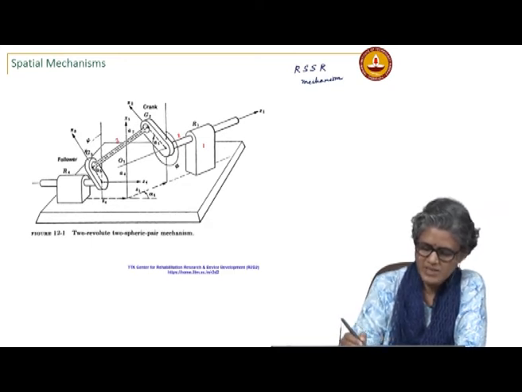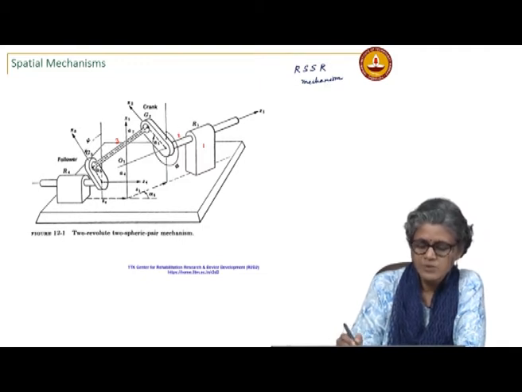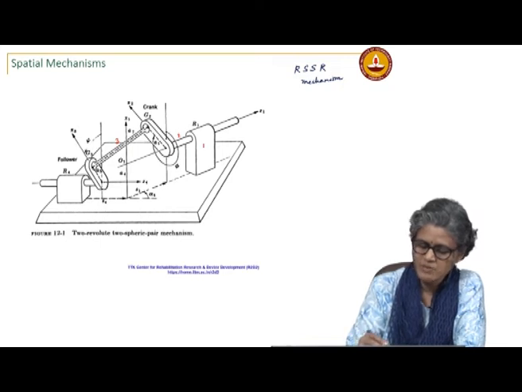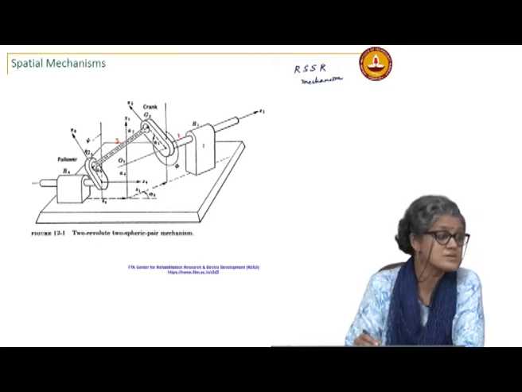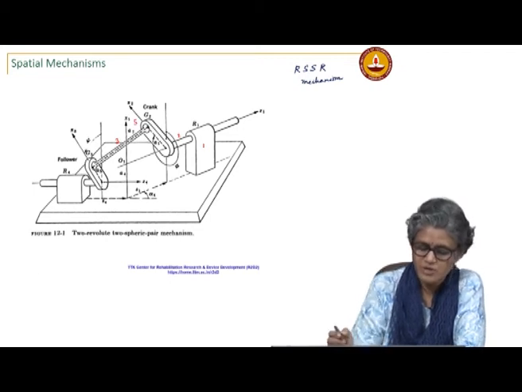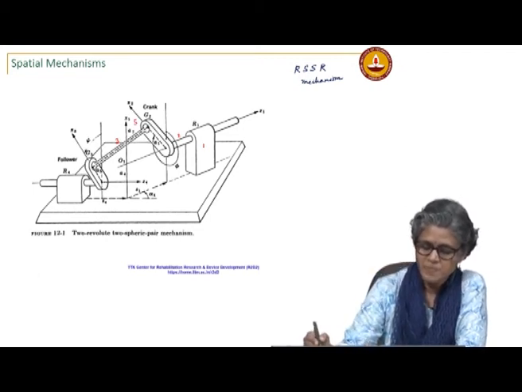The joint between link 2 and 1 is an R, a revolute pair. The joint between links 2 and 3 is a spherical joint. Here they call it globular, but that is a spherical joint.